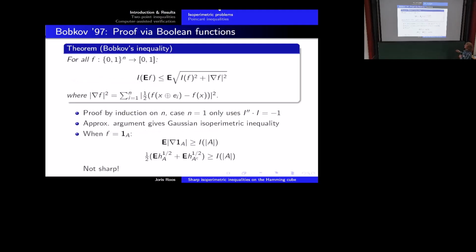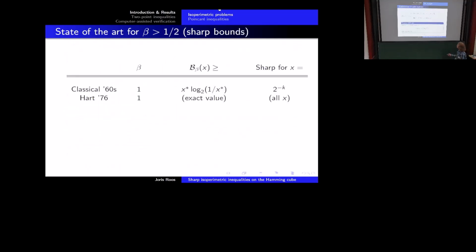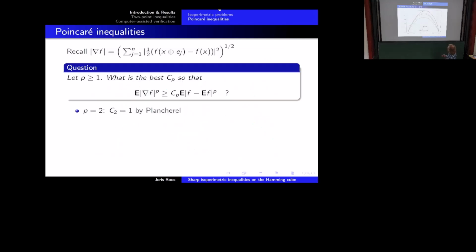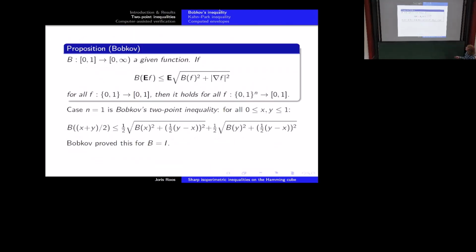So this is not quite the kind of isoperimetric inequality that we want, because it's mentioning the expectation of HA square root and also the expectation of HA complement square root. And these two are not the same if the power is not 1. If the power is 1, they are the same, but if not, they are not the same. And so this is a problem.